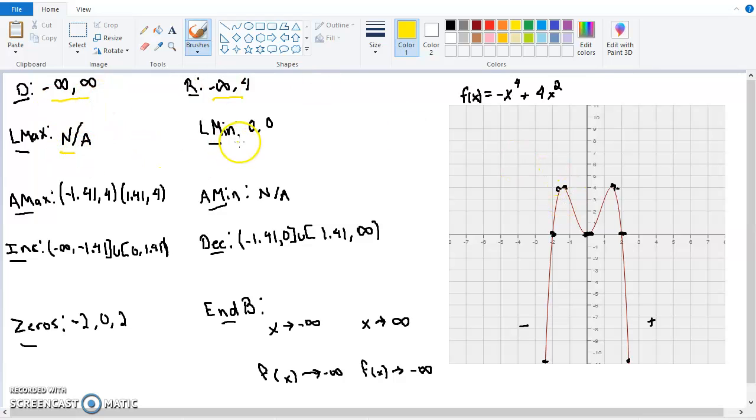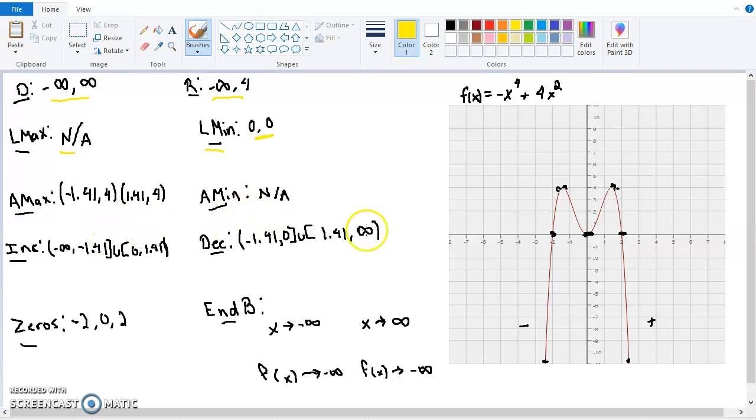Your local min is 0, 0 because that's the local lowest. It's not any of these because it continues on forever, but that's what's closest to 0. So this is your answer for local min.